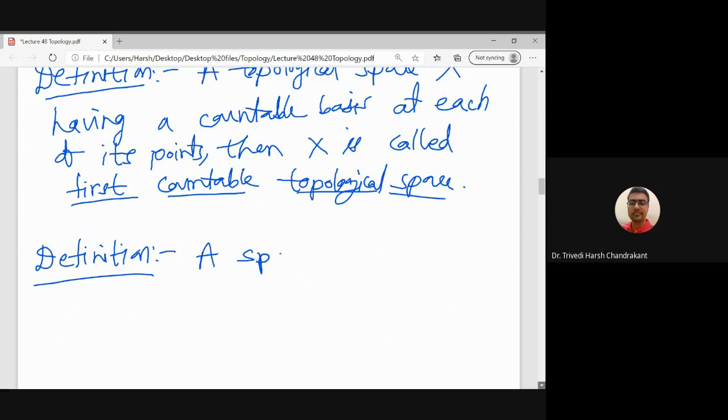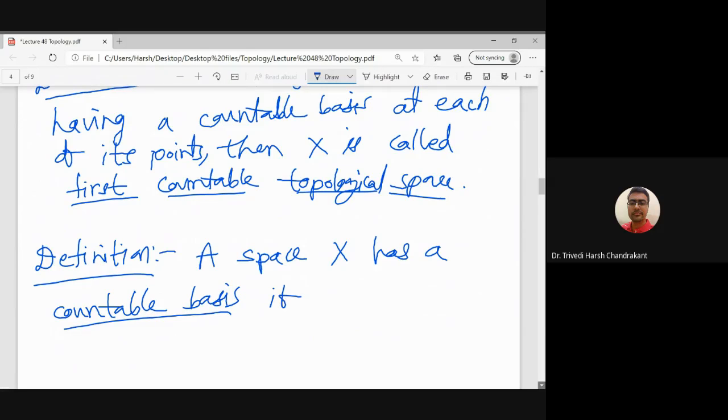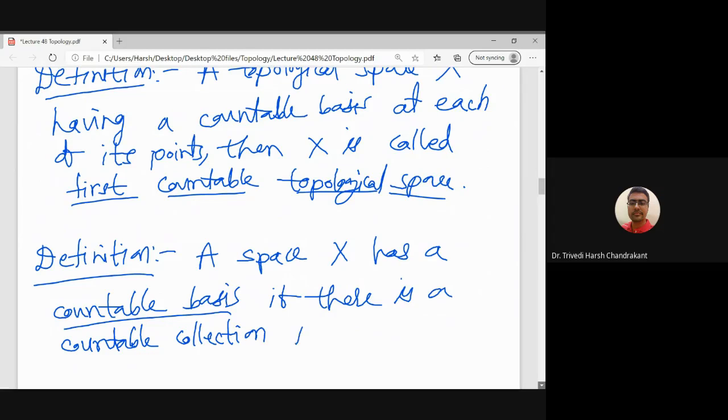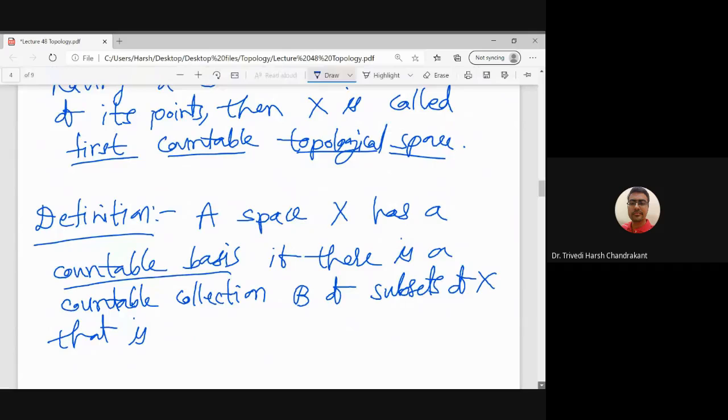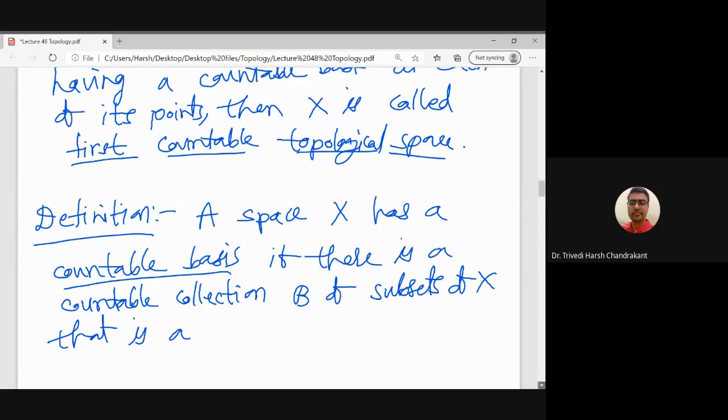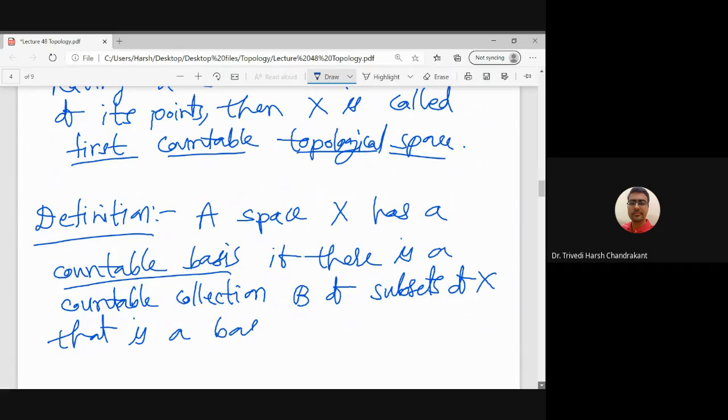A topological space X has a countable basis if there is a countable collection B of subsets of X that is itself a basis for the topology on X.